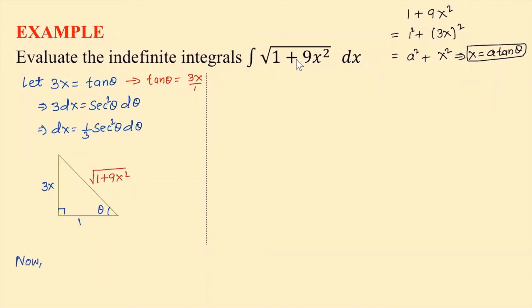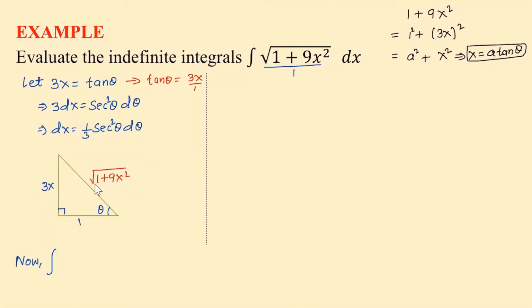Now we have the integral of the square root of 1 plus 9x squared. If there is no denominator, it's like over 1. So it is the square root of 1 plus 9x squared over 1.